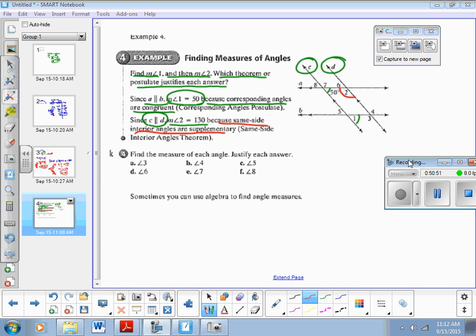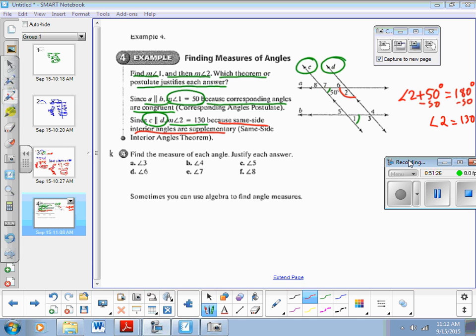Same side interior angles have to add up to how much? 180. So if angle 2 plus 50 degrees adds up to 180 degrees, do you understand how they figured out angle 2 is 130? Take away the 50 from both sides. Are there any questions on how I figured out and explained those two answers given in that example?